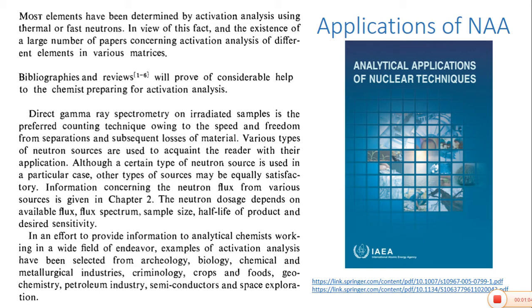The measurement of gamma radiation gives us information about the sample, what types of elements are there and in what quantities. So most elements have been determined by activation analysis using thermal or fast neutrons.